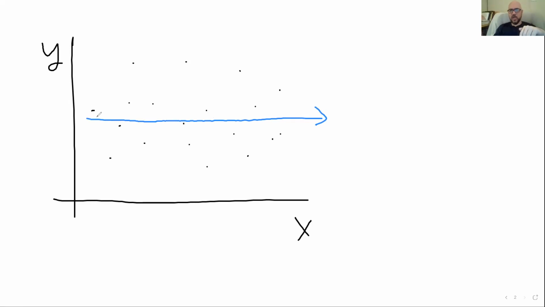So this blue line here is our prediction for the Y value based on what the X value is, and it's the same everywhere. That is to say that if we change X, our guess for Y does not change. That means that Y is not predicted by X, or X and Y are uncorrelated. They're independent of each other. Y is independent of X, which is not what we want in linear regression.